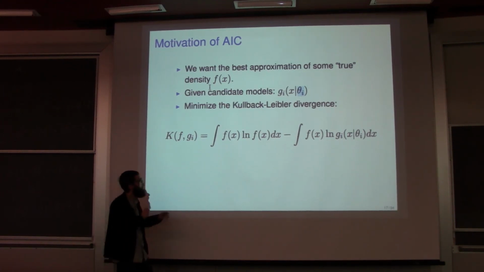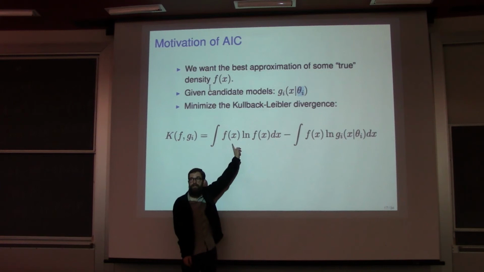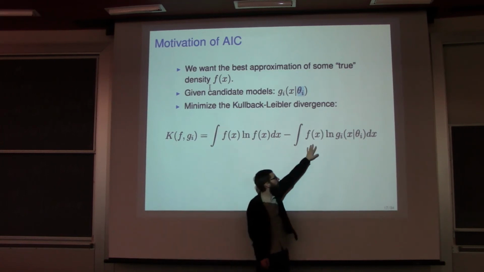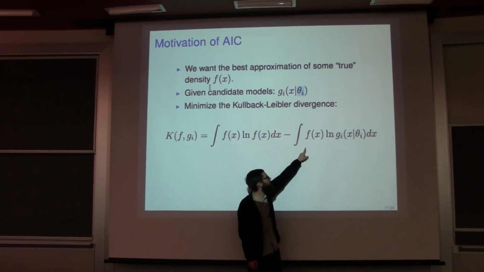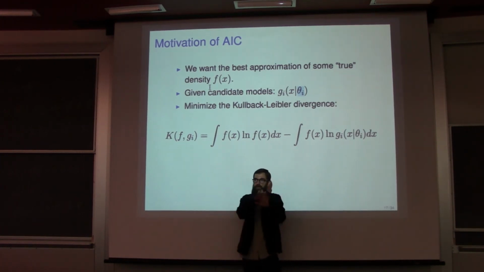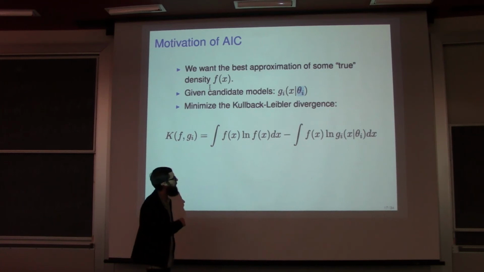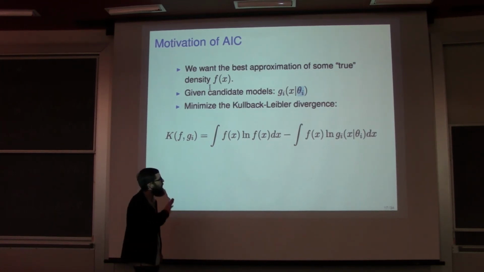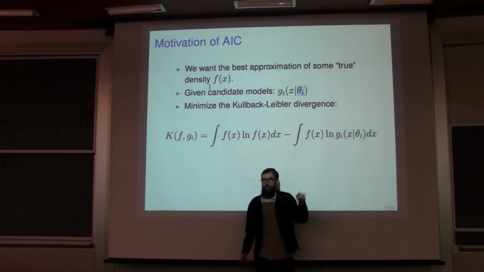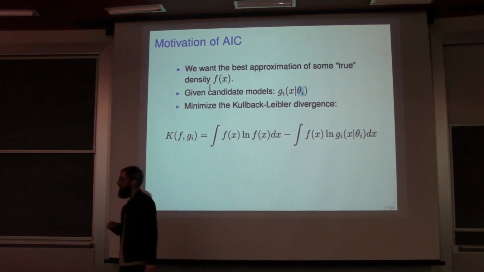By the way, it looks a lot like entropy, right? This is p log p integral. This is negative entropy of f, and this is what is called relative entropy. So anyway, obviously you can see if f is equal to g, this is 0, right? So that's easy to see.